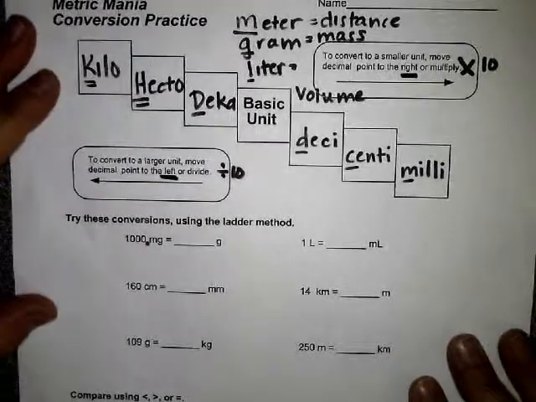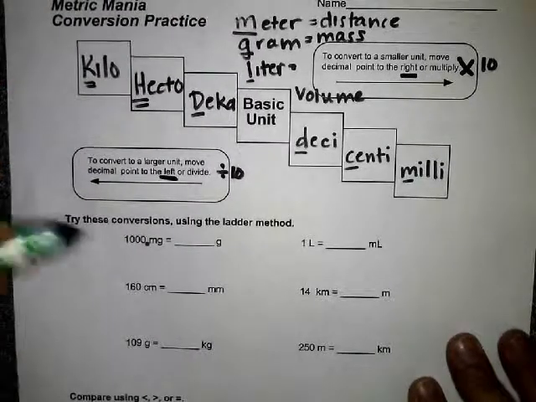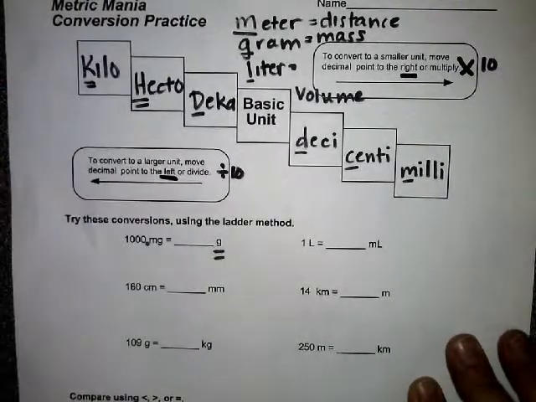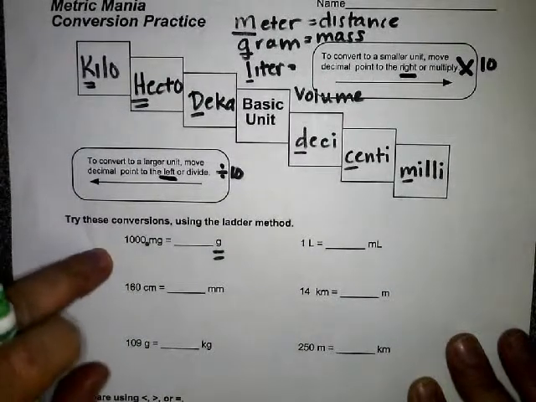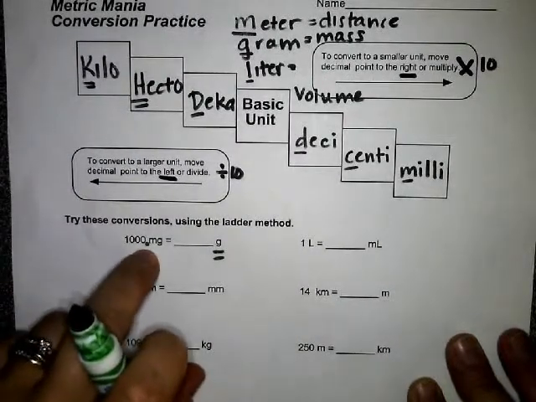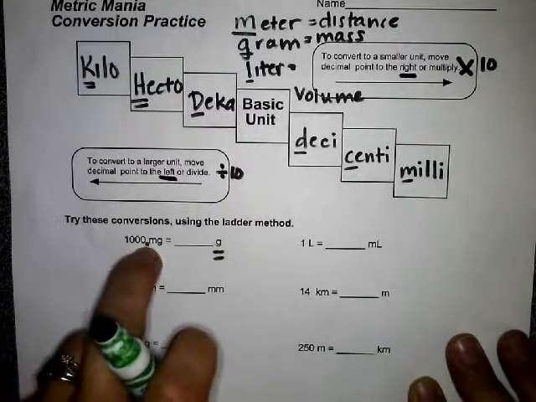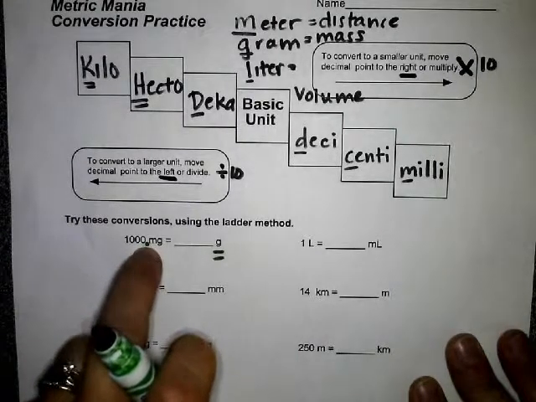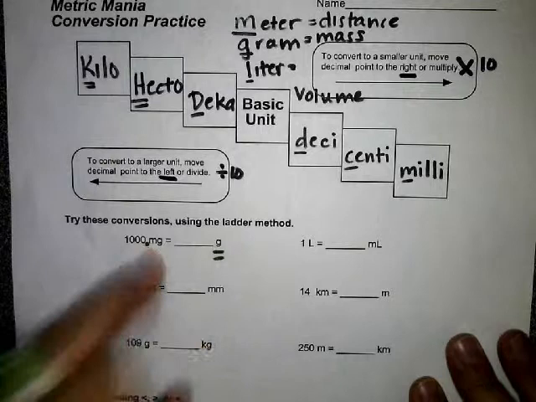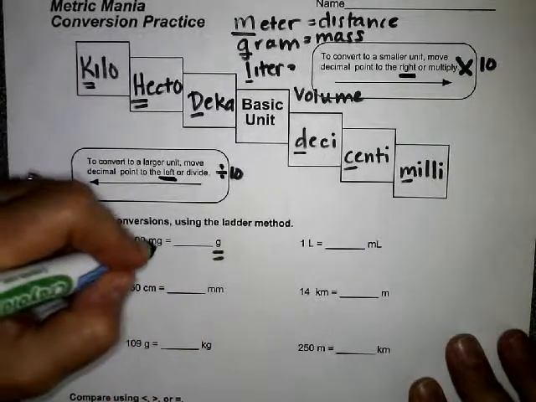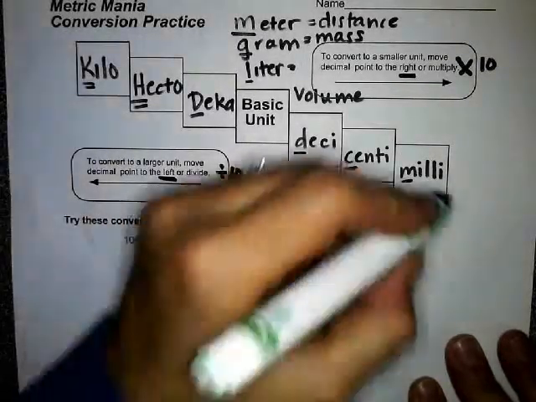Our first example is 1,000 milligrams, and we need to convert this into grams. So the first thing you need to do, find your decimal point. In this case, I've added it into the 1,000 milligrams. It's at the end. We find where our starting point is.